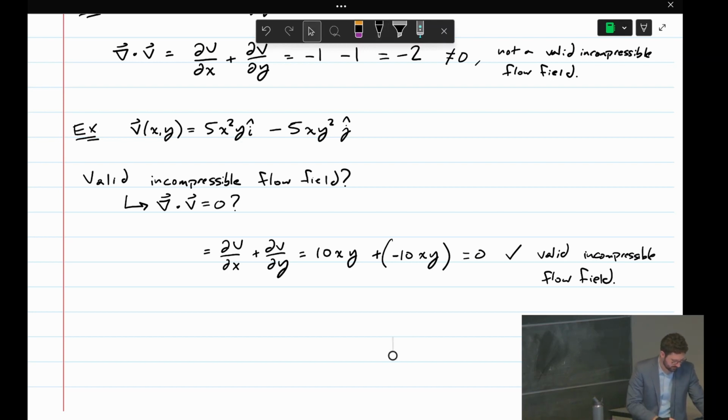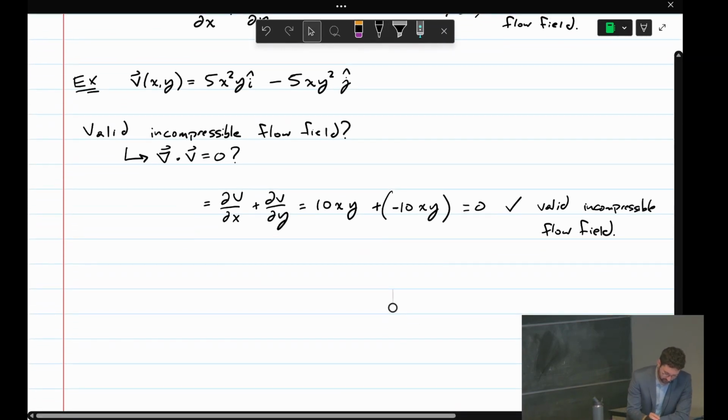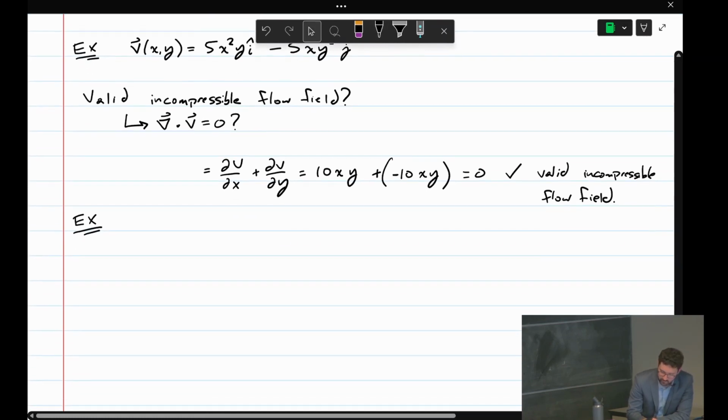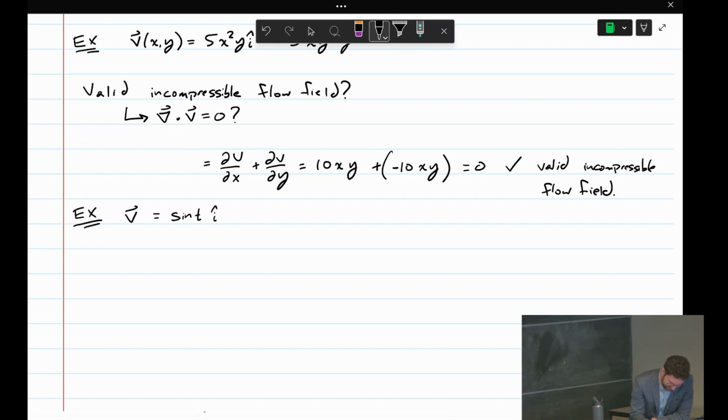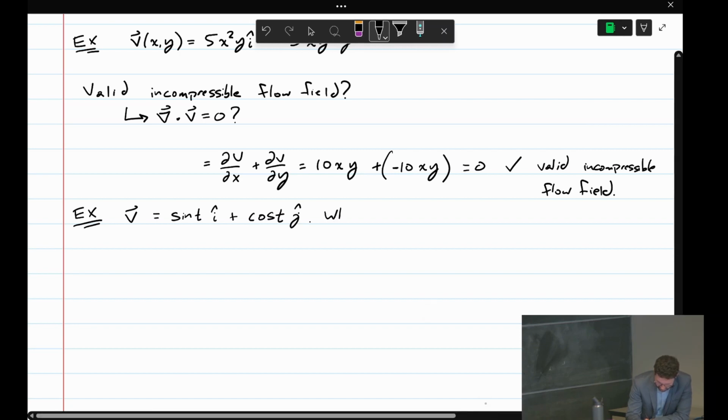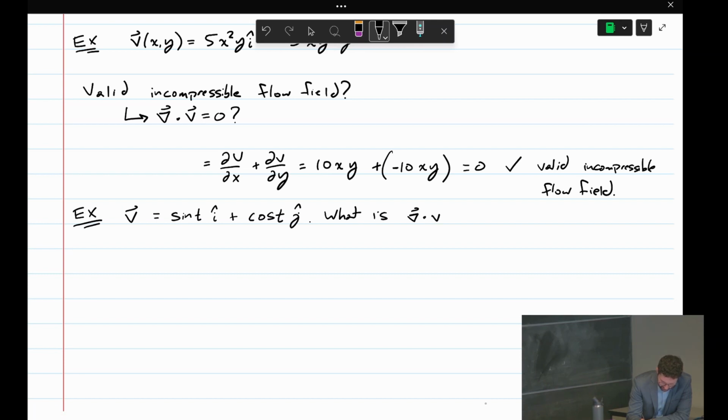Okay. We're going to do one more. Actually, we're going to do two more. So v is sine t i hat plus cos t j hat. What is the divergence of this?